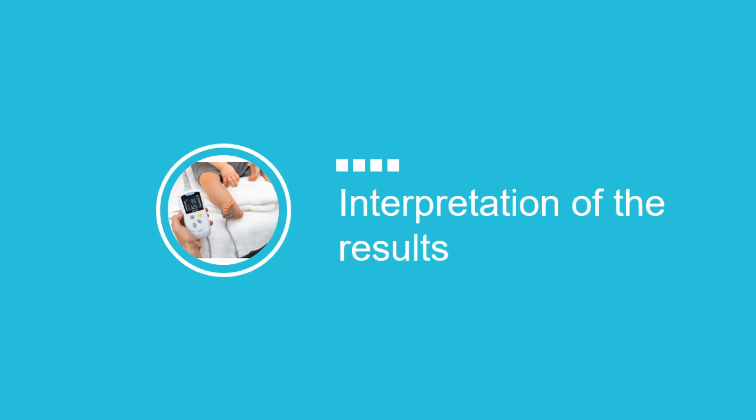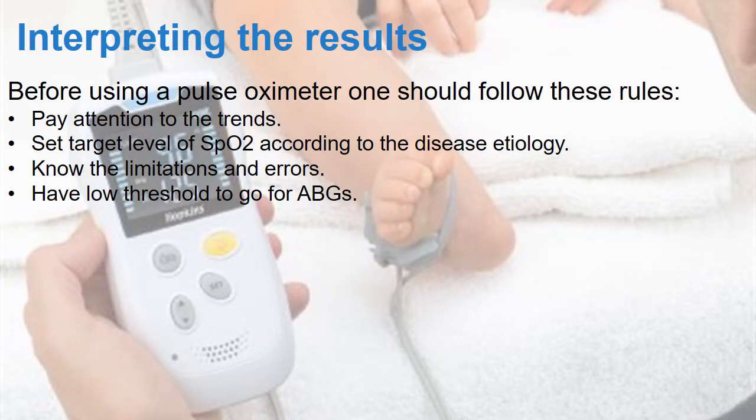Interpretation of the results. How can we interpret the results and what information do we get from the pulse oximeter? Before doing that, we have to follow some rules. You are a clinician dealing with the patient. You are treating the patient and not only the chemistry of the patient. So you should trust your clinical skills more than these devices.